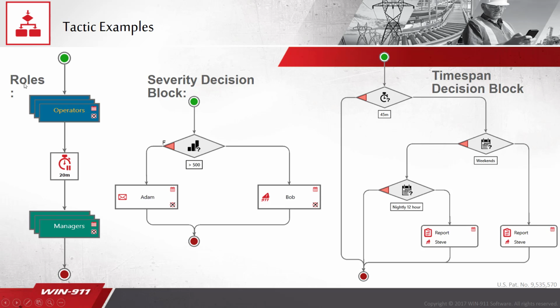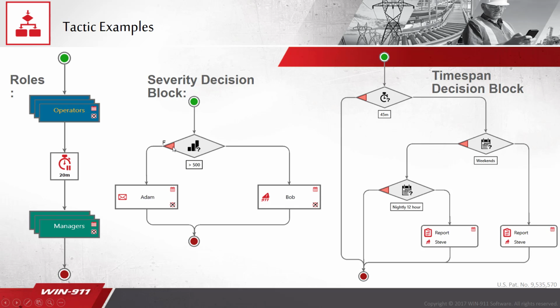So this one's looking at roles. This is saying when the alarm event or when the strategy kicks in, we're going to notify all the operators. We're going to wait 20 minutes and then notify all the managers. And these would be anybody who have the role assigned to them as operator or manager. You can also base this on severity decision blocks.